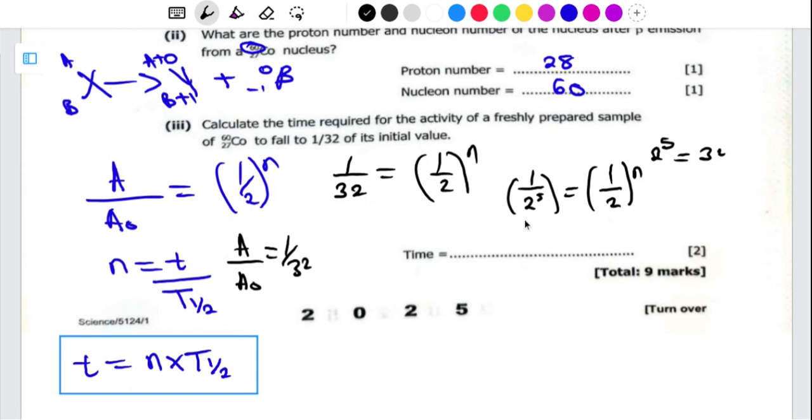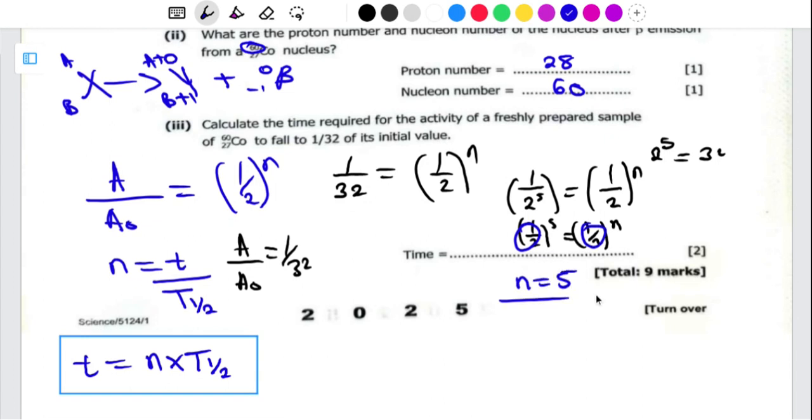So I'm going to write 1 over 2 to the power 5, because 1 to the power 5 is the same as 1. Then 1 over 2 to the power n, so that they can cancel each other. Then my value of n is going to be 5.